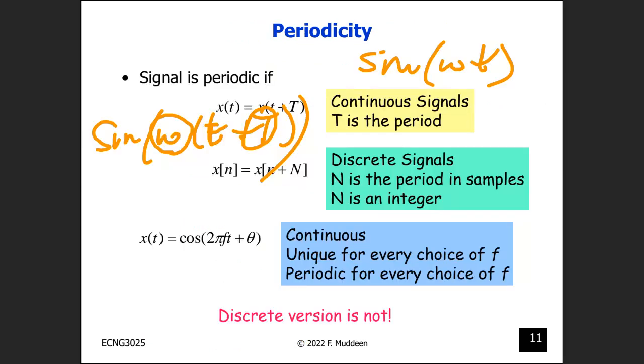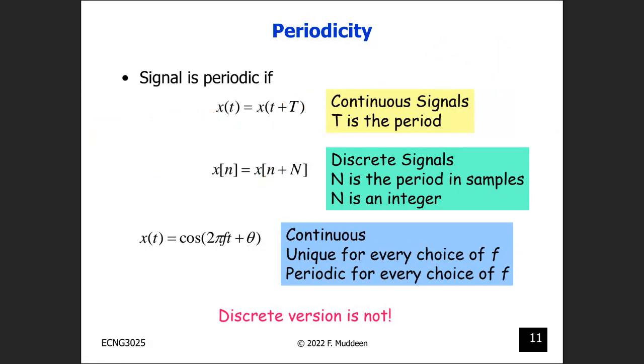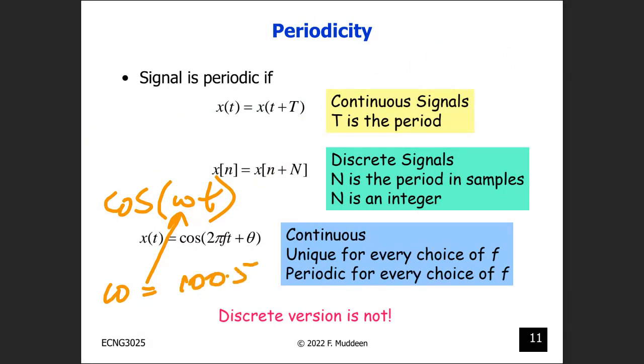It's not the same thing if you went back to continuous time. It didn't matter if I had cosine omega t. I could pick omega for any value. I could have omega equal 100.5 radians per second, and it will still be periodic with some period.